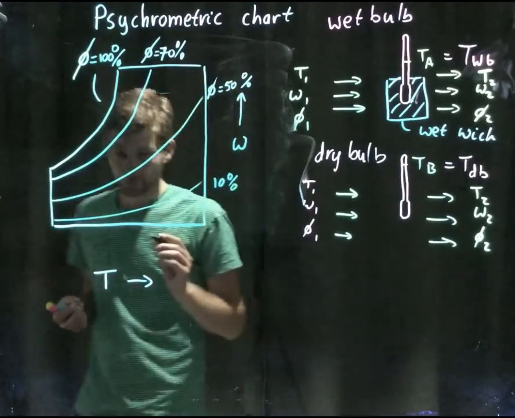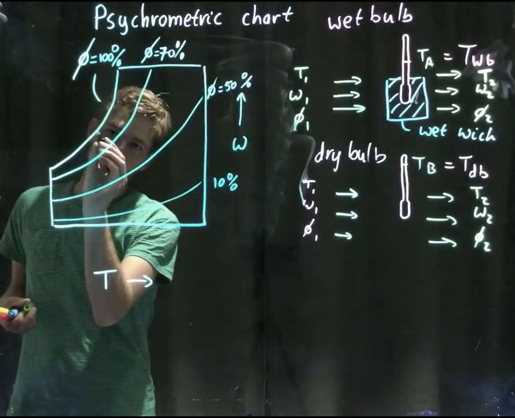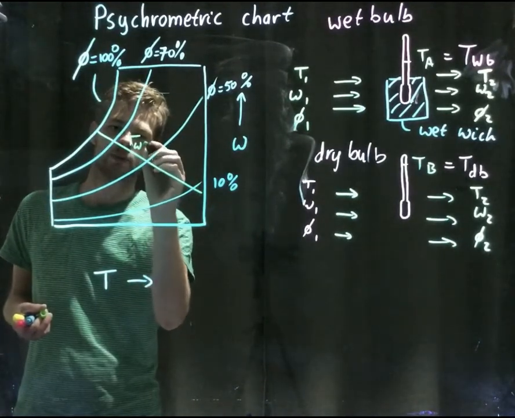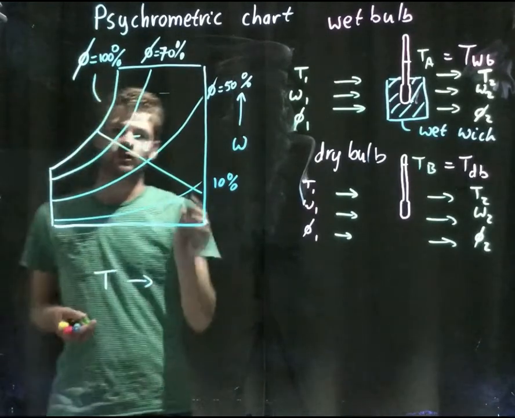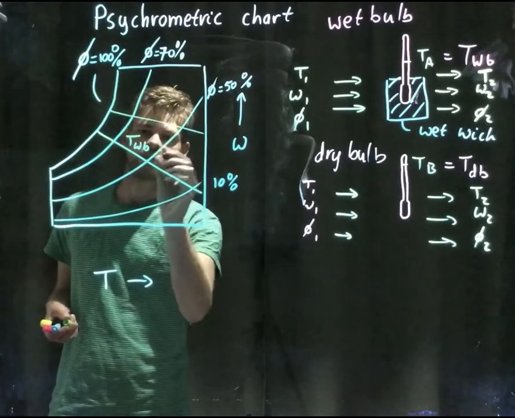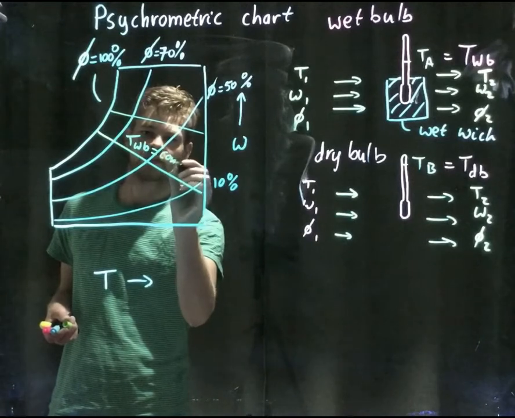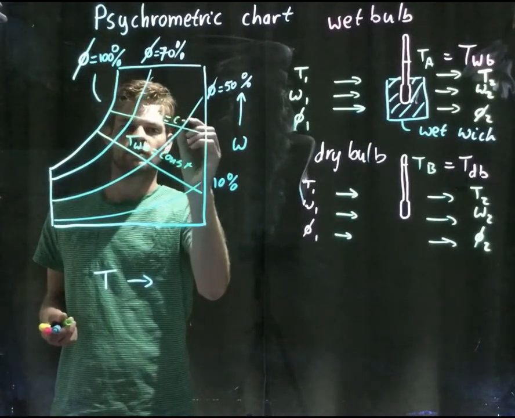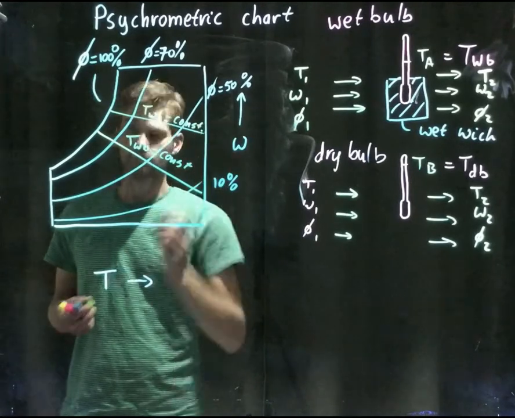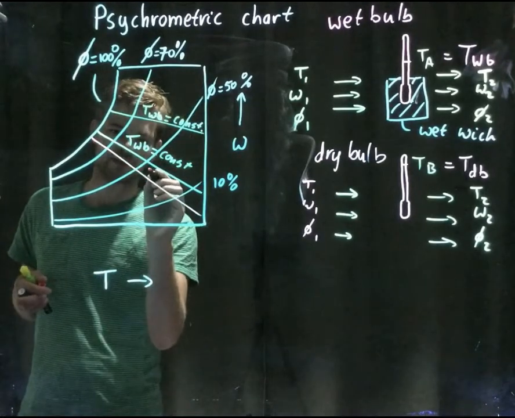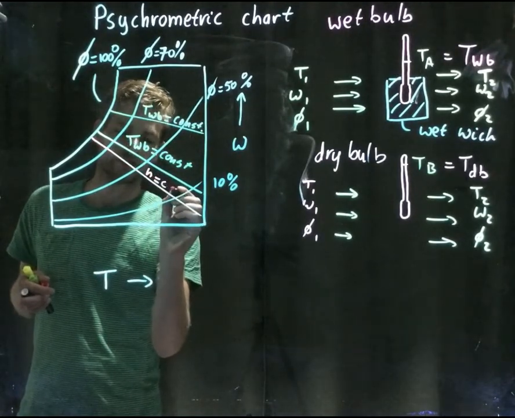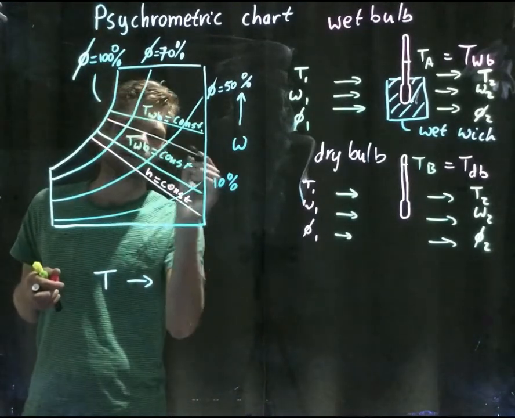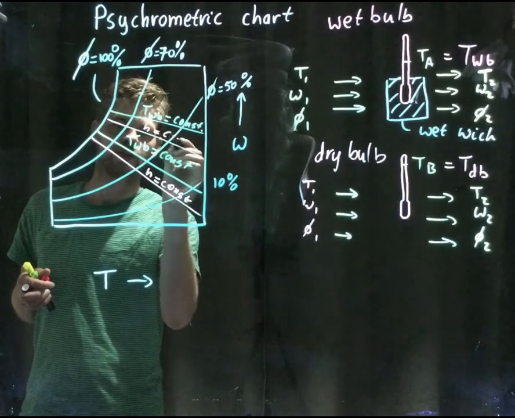I can read the wet bulb temperature over here, and so there are iso lines, they're constant over here, so it's constant. So over here as well. These are lines of enthalpy. Enthalpy is constant along these lines.